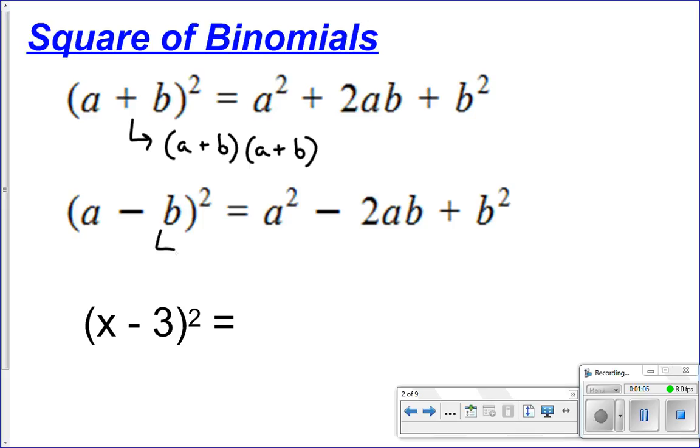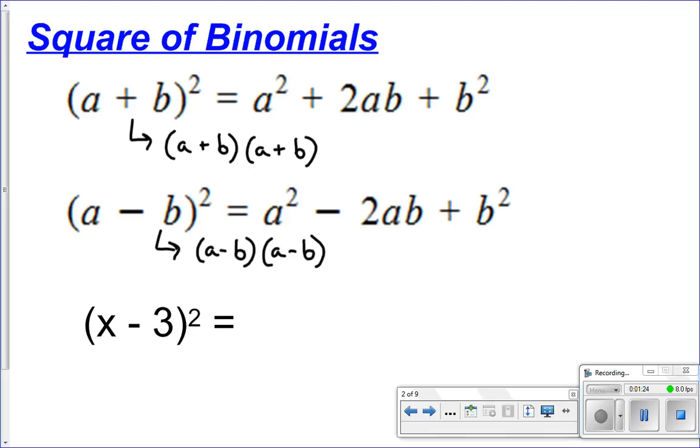Same thing down here. Write this as a minus b times a minus b, and then work that out as well. You'll get the same answer. Just sometimes there are shortcuts in math that you can take with certain situations, and this is one of them.